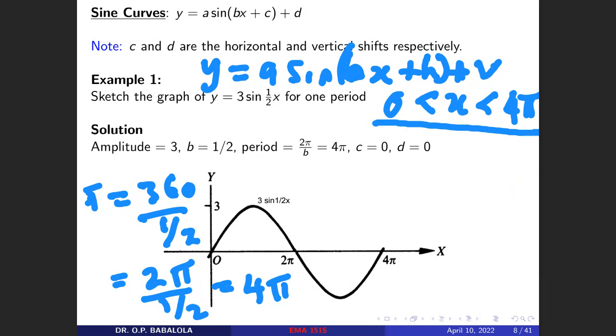Truly, are we always given the value of B? Okay, I've got 2 questions that I'll quickly attend to. You see, from this equation, let's go to a blank whiteboard.